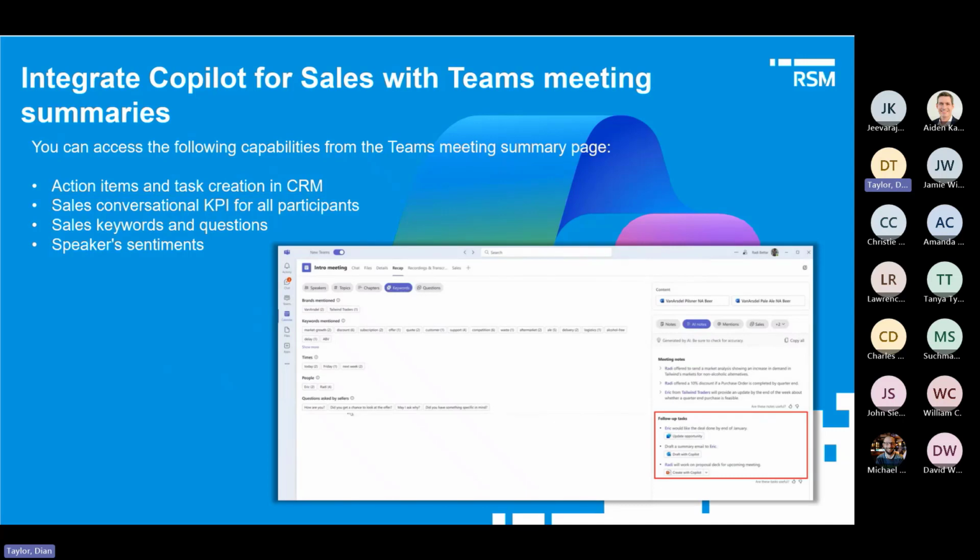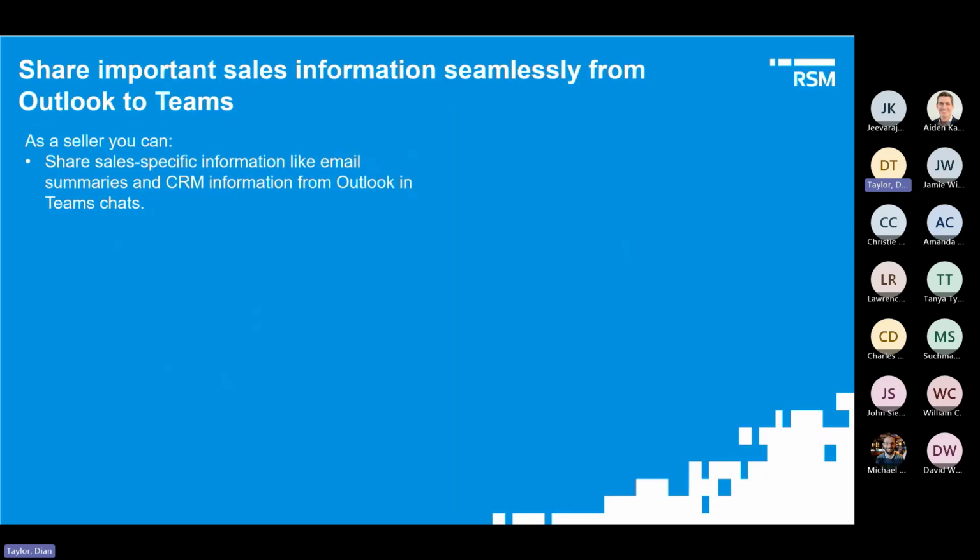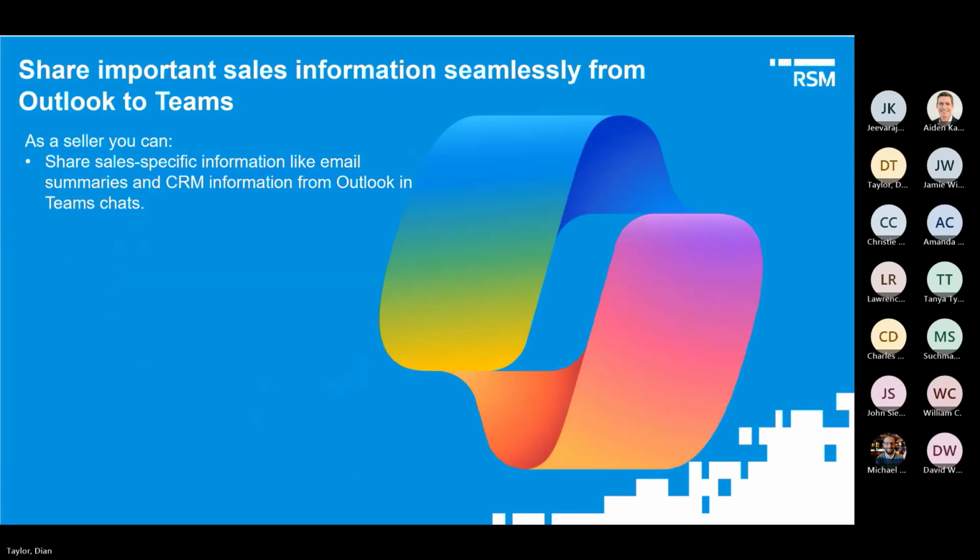Conversational KPIs, keywords, questions that they were asking during a meeting, and speaker sentiments as well. You can kind of see here are some of those things. And then you can see here's notes mentioned. So I'm not sure what that looks like. I haven't played around with this yet. I don't even know if this is available yet, but that's definitely something that is coming as well.